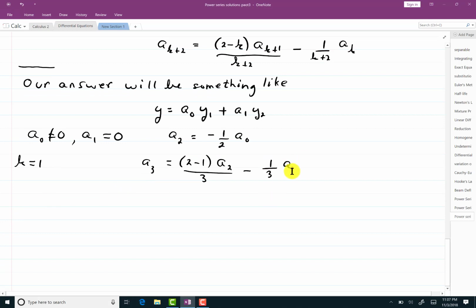Of course, the a sub 1 is equal to 0, and that will give us then 1/3 a sub 2. However, a sub 2 is negative 1/2 a sub 0.